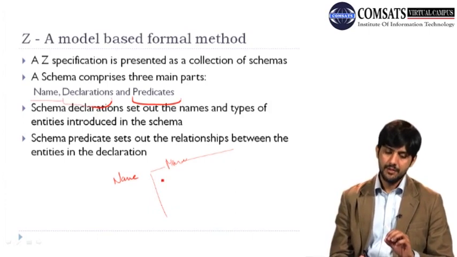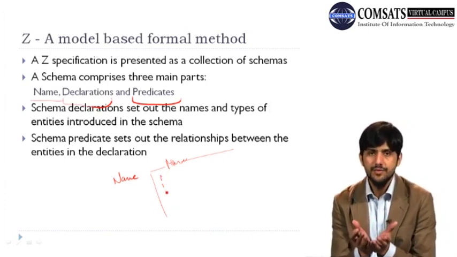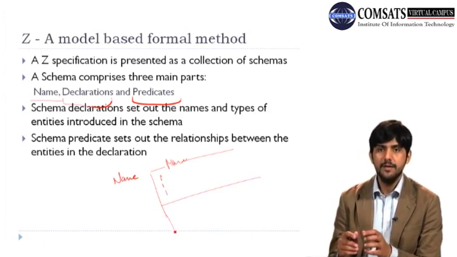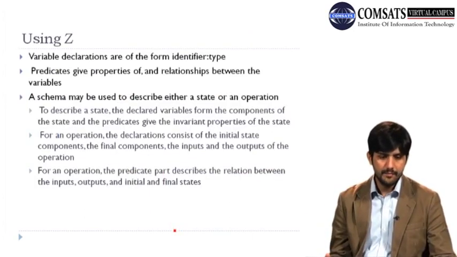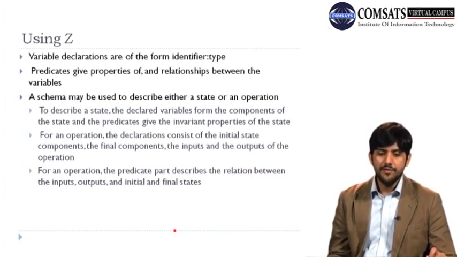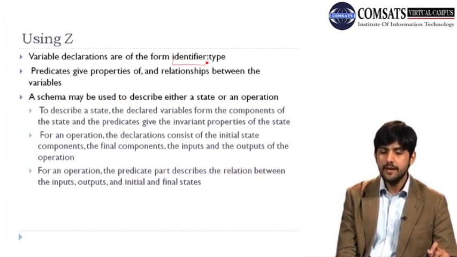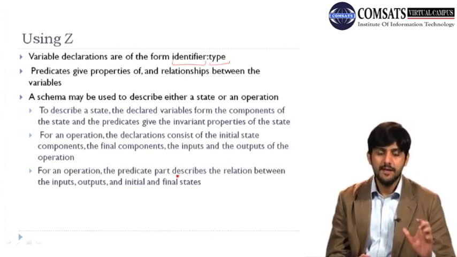Then in the declaration you will list all the things that you need to represent this user, and in the predicate you will identify different relationships between those entities that you have already declared. So using Z language, variable declarations are of the form identifier and type. So you first write the identifier and then the type. Predicates give properties of and relationships between the variables.